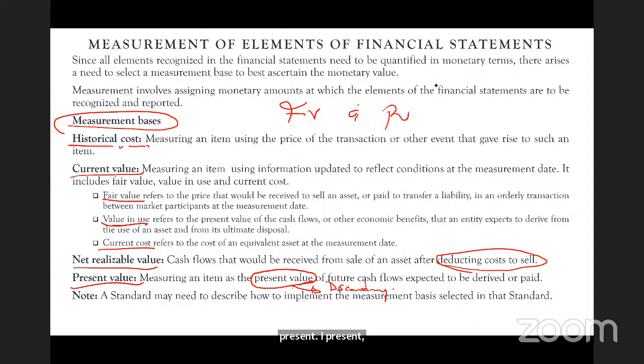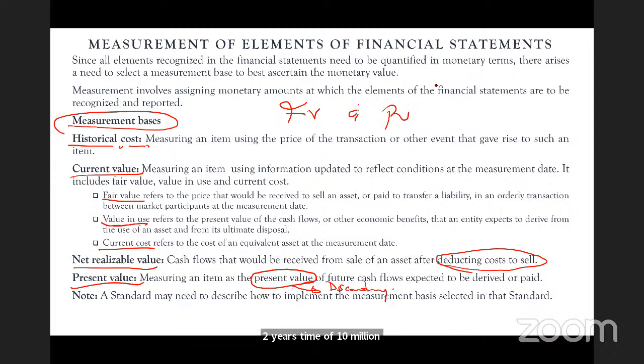A value in the future and the value at the present. What differentiates them? They relate to the same thing. For example, I have revenue that I'm expecting in 2 years' time, of 10 million.